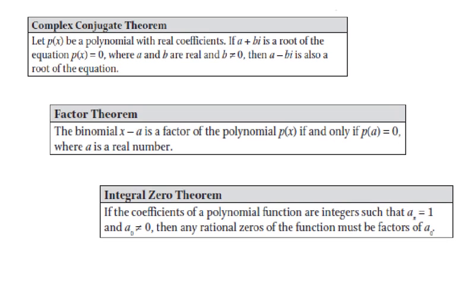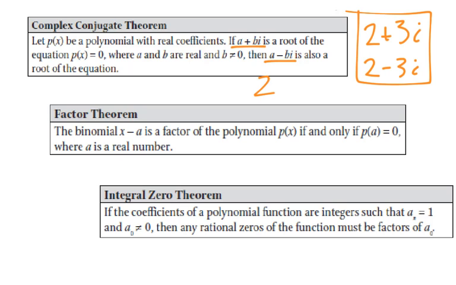Now, there's one thing to note about complex roots. If you have a complex root, say 2 plus 3i, then its conjugate is also a root. So 2 minus 3i would also be a root, because with imaginaries they basically come in twos, the positive and the negative version. If I have 3i, then I also know I have negative 3i as a root.